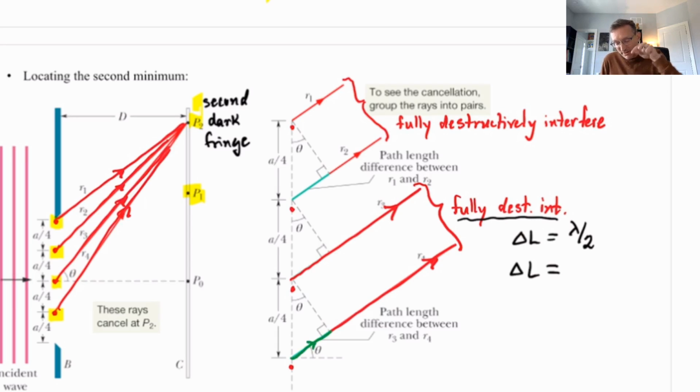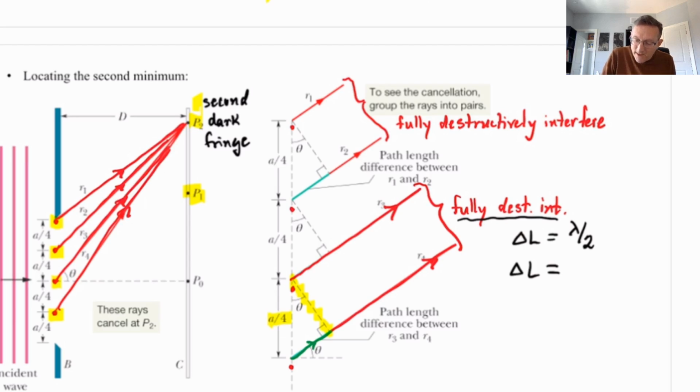And that's the extra distance that R4 travels compared to R3. And so that's delta L, the path length difference between R3 and R4. And again, I have a nice little right triangle with a right angle and a hypotenuse, A over 4.